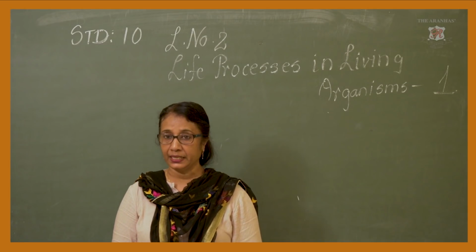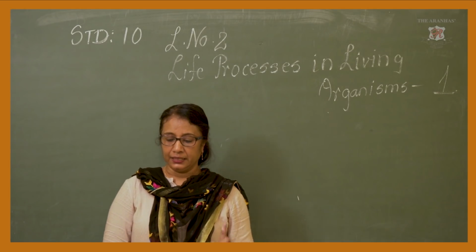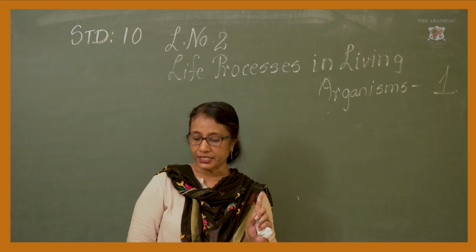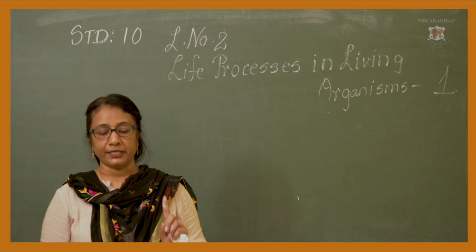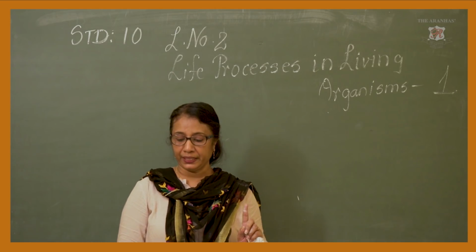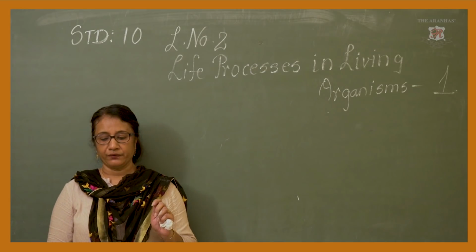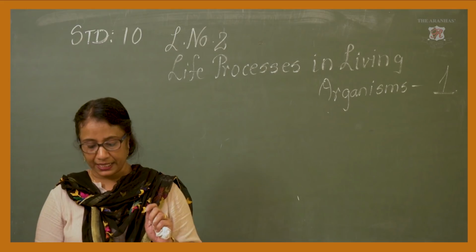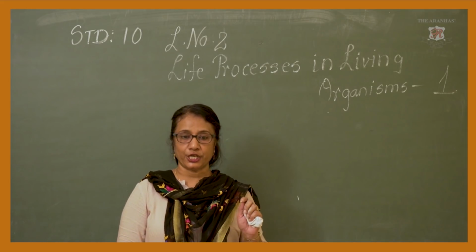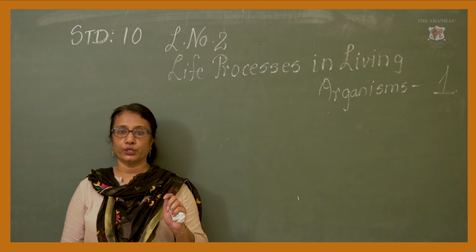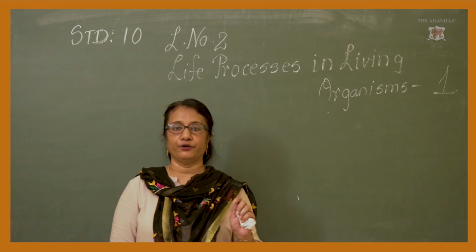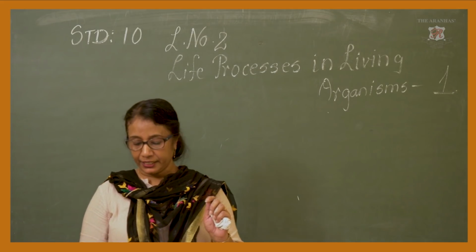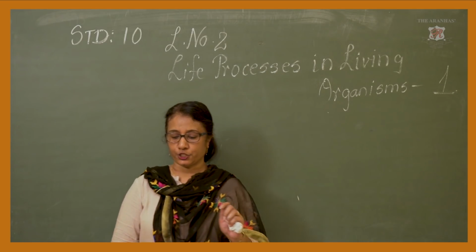What is happening in the next step? The acetyl coenzyme A which is formed is entering the mitochondria, and the acetyl part of acetyl coenzyme A is completely oxidized through a cyclic chain of reactions, and molecules of CO2, H2O, NADH2 and FADH2 are formed.